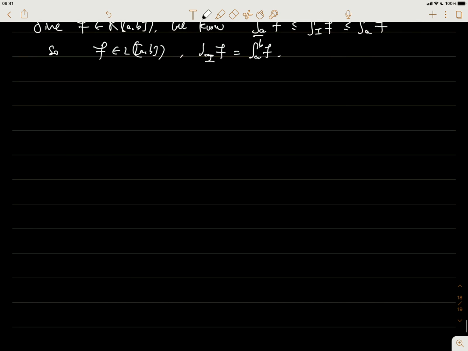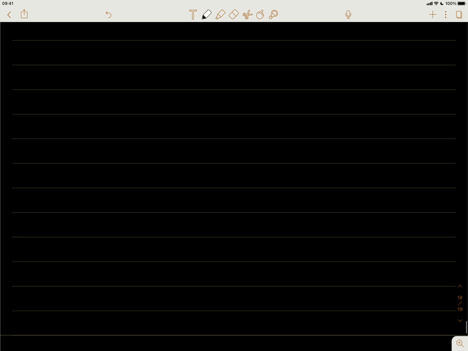And next, we're going to talk about a very important topic about integrations. We all know that we're not just taking integration over a single variable. We often take integration over two or more variables.